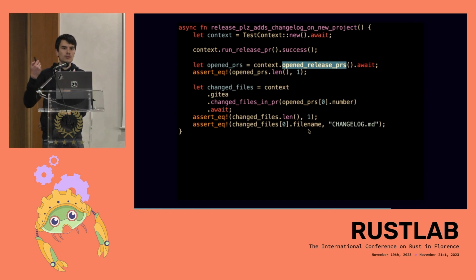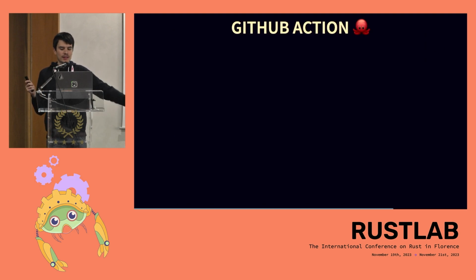Because when you run Release-plz on a new project, let's say cargo new project, the first thing it does is create a PR with the changelog, with the first iteration of your changelog. Okay, this is how I test Release-plz.